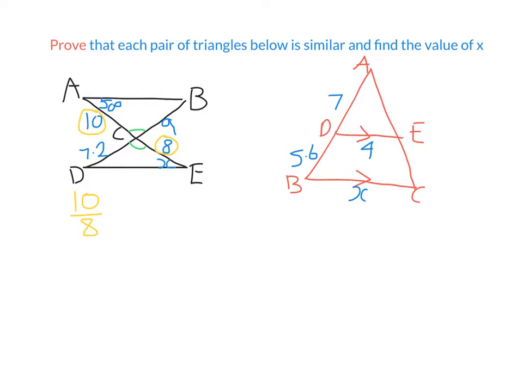And then I line up the smallest sides in each triangle, so 9 and 7.2. If I put 10/8 on my calculator, I get 1.25. If I put 9/7.2 on my calculator, I get 1.25. So this is enough to show that I have two pairs of sides in proportion.